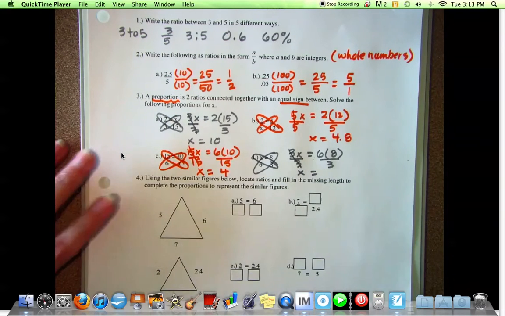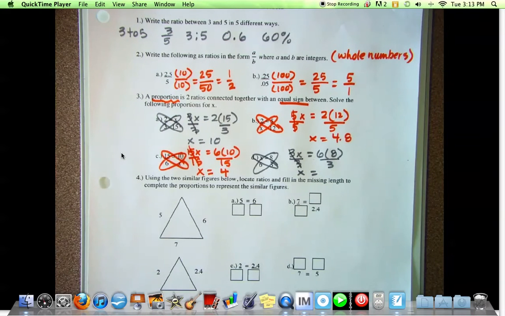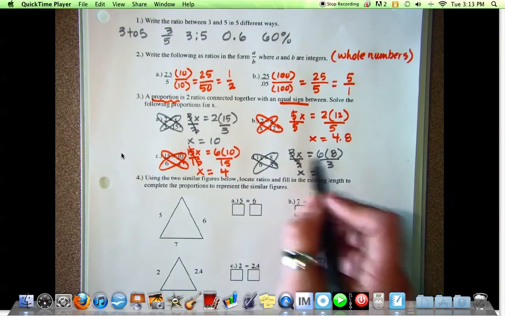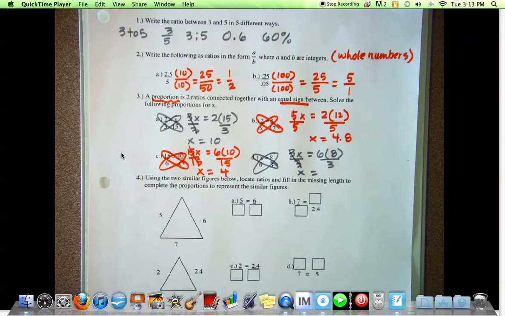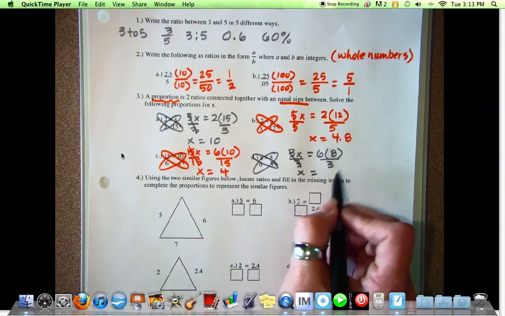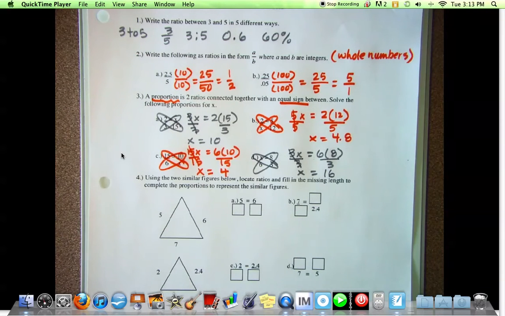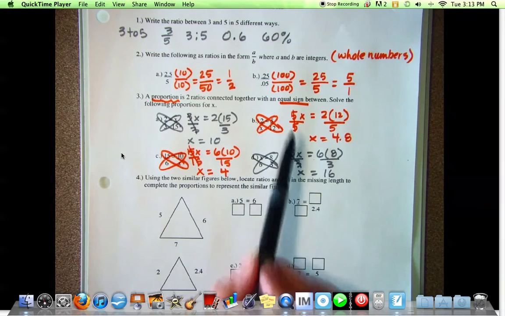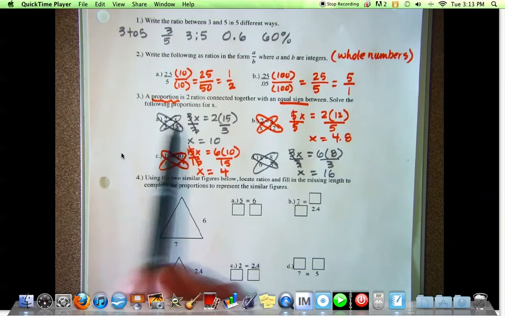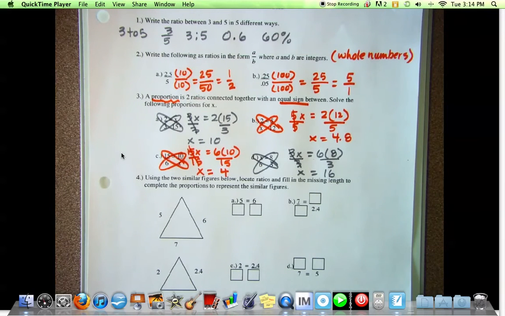X equals 6 times 8, which is 48, divided by 3. That gives us 16. This is how I want the work shown. Show the cross multiplication. Show you're simplifying.